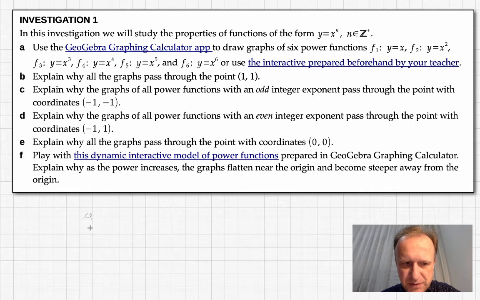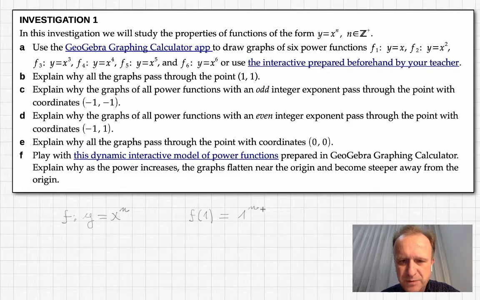Imagine a function y equals x to the power of n. In general, let me call it f. What would be f of 1? The function value at x equals 1. Well, it has to be 1 to the power of n, because I substitute 1 for x.